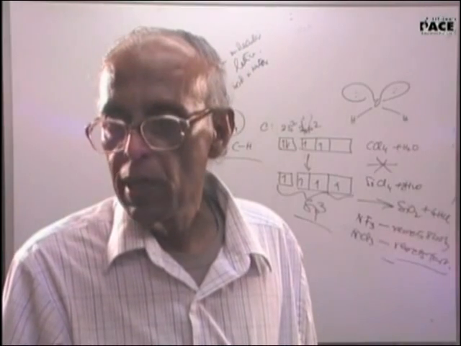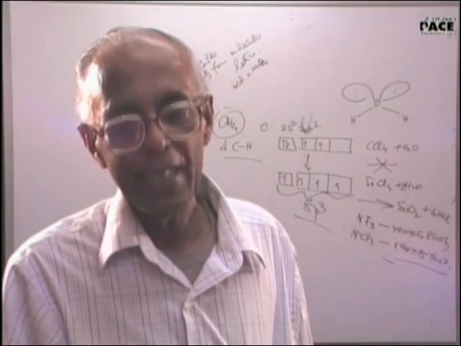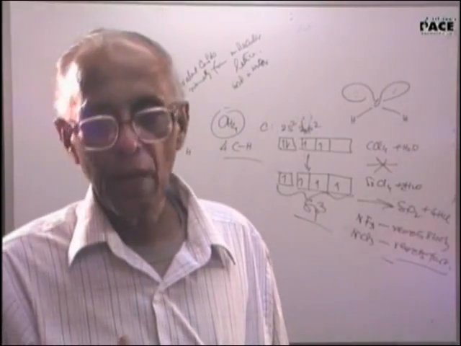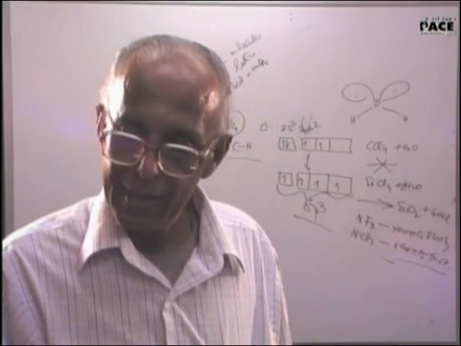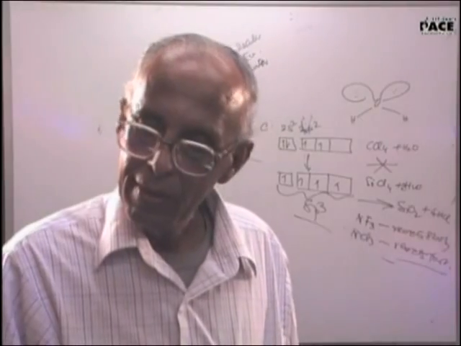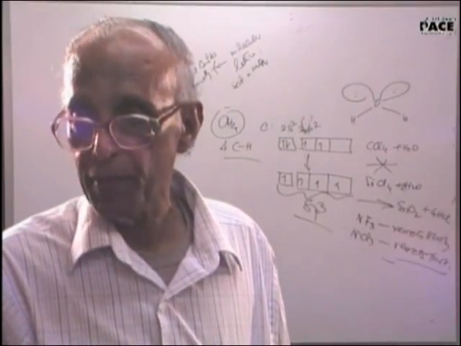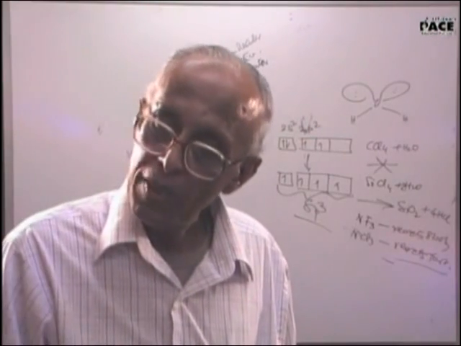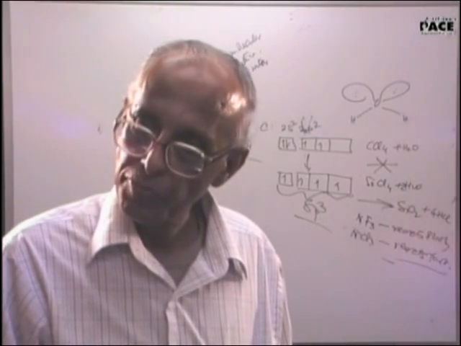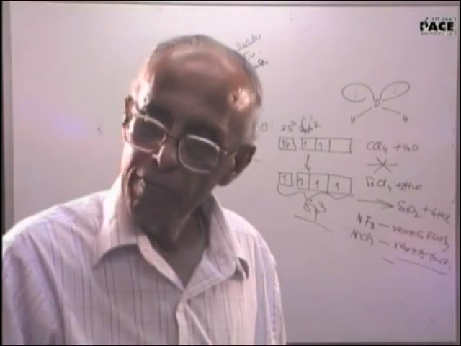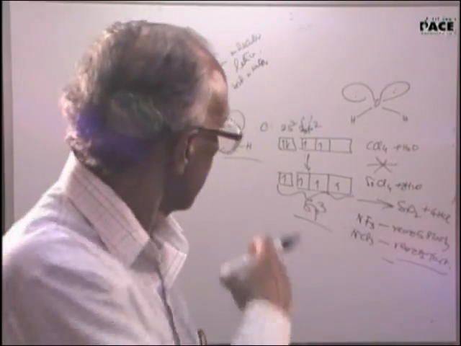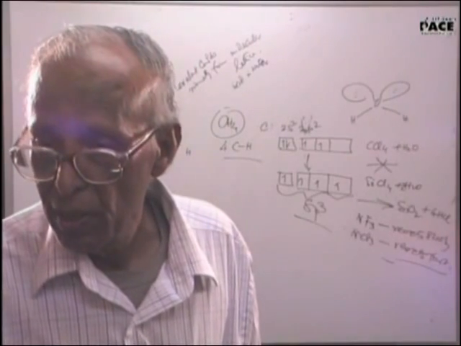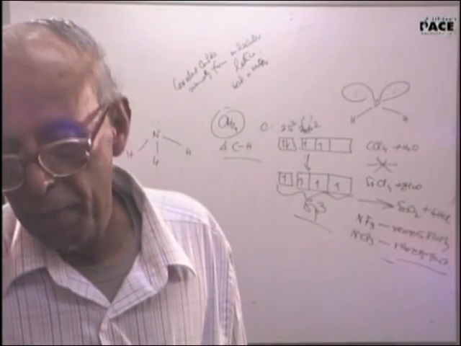And there is no vacant d orbital available to accommodate the incoming water molecule. Whereas in NCl3, nitrogen doesn't have a vacant d orbital, but the chlorine has, which can accommodate the incoming water molecule to undergo hydrolysis, leading to the liberation of HCl.